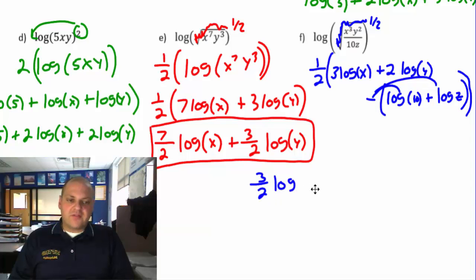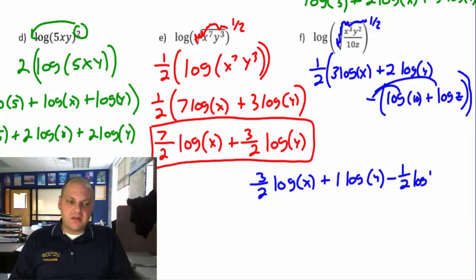Some of you might. 3 halves log of x plus a half times 2 would be 1 log of y, and then minus a half log 10, and then minus a half log z.